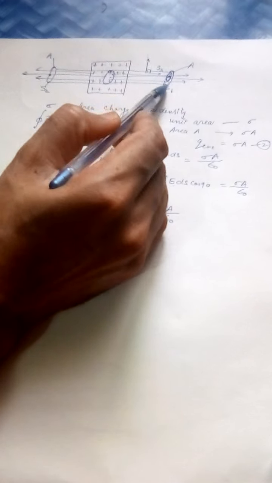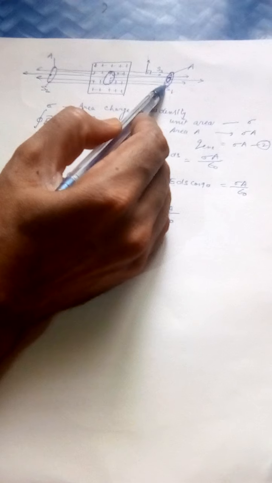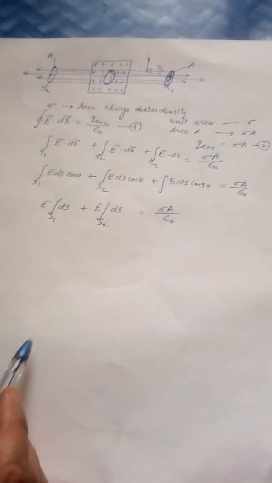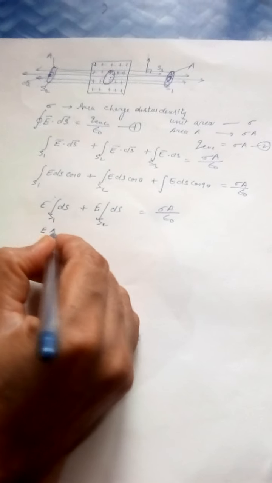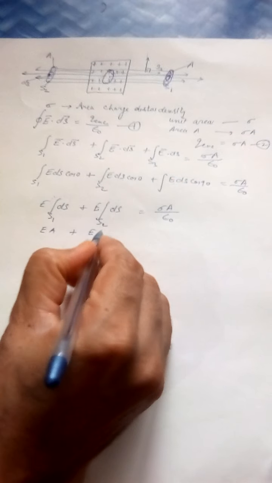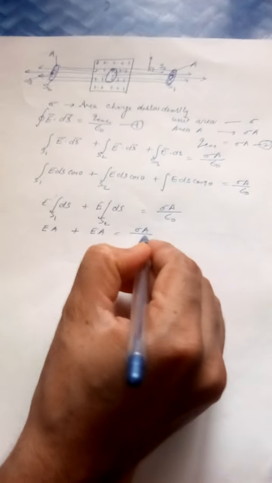If you divide the whole area into dS elements and integrate, that is, add them up, the total area summation is A. Here also you take E into dS, the small area element, and if you integrate or sum it, you get the total area A. So E into A, E into A, here also E into A, equals sigma A by epsilon naught.